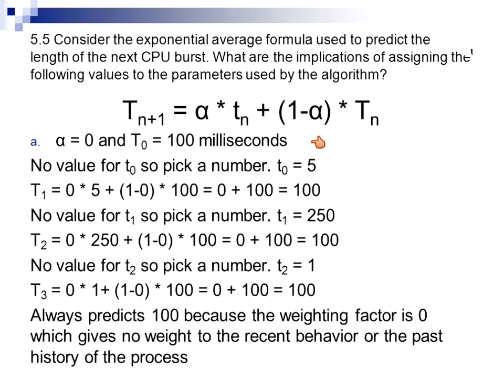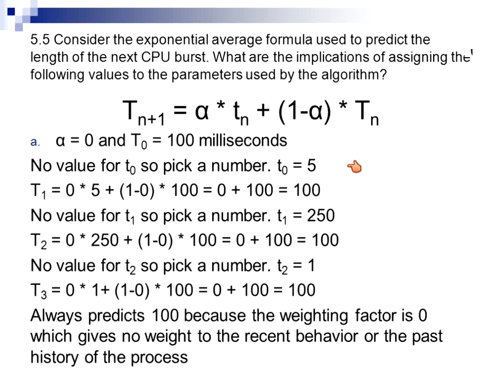Well, one way you could figure this out is by actually running through the formula a number of times and see how it behaves. So what I did when I solved this problem is I said, okay, they're not giving me any value for T0. Some of you were okay with that. I like to give myself a value because I work better if I have real numbers to look at. So I made up a number.